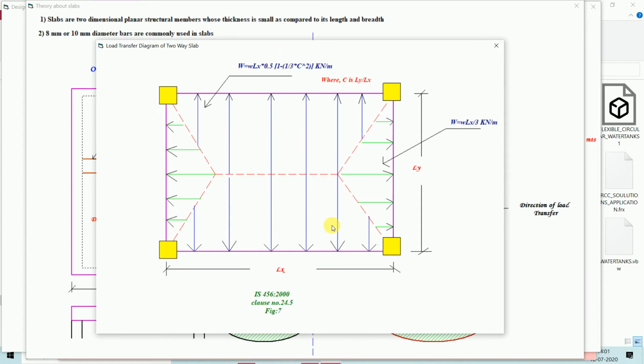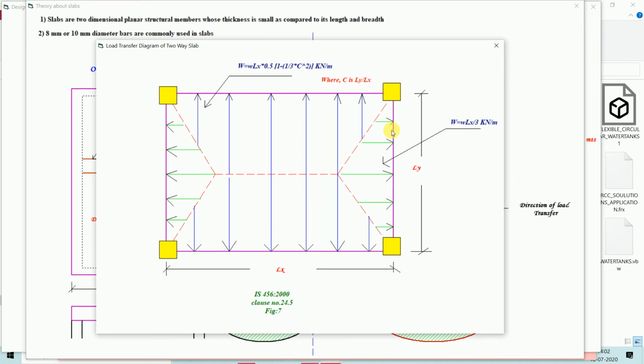This diagram is present in IS 456 2000, clause number 24.5, figure 7. You can see there are two types of loading patterns: one is the trapezoidal load pattern, another is the triangular pattern. The trapezoidal load formula is W equal to small w Lx into 0.5 into (1 minus 1 by 3 c square), where c is the aspect ratio, that is Ly by Lx.